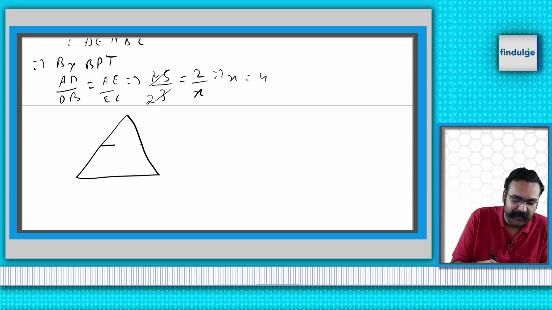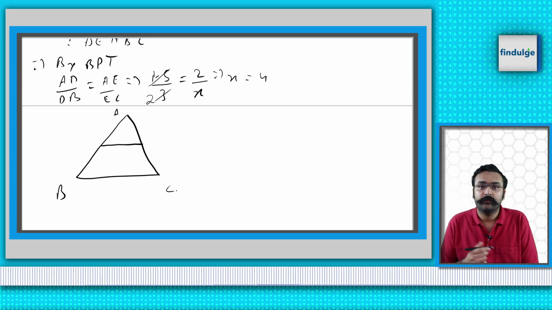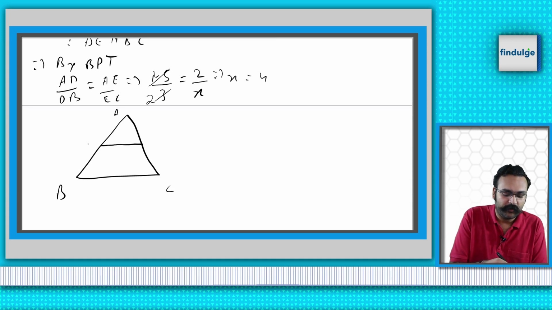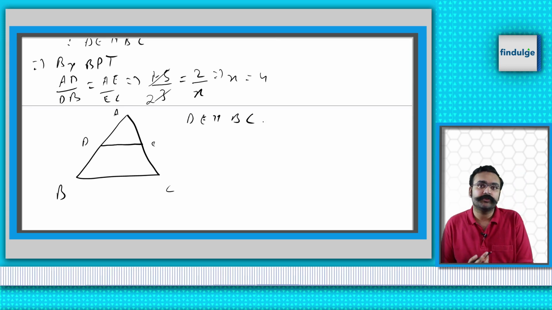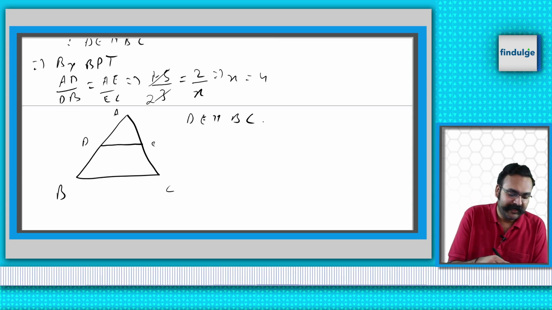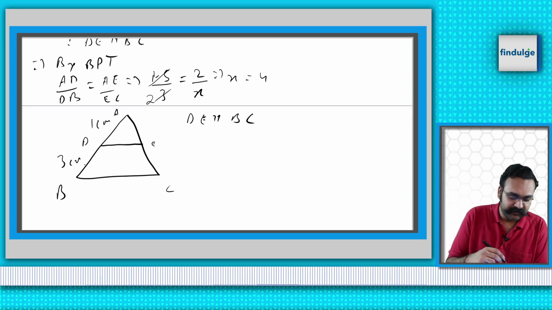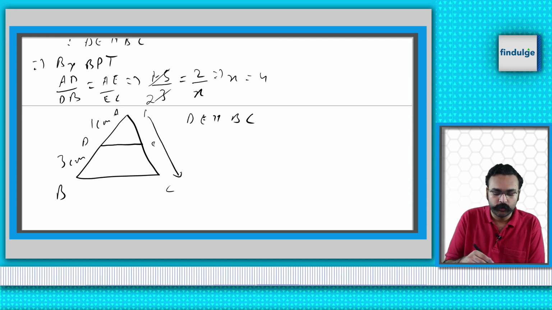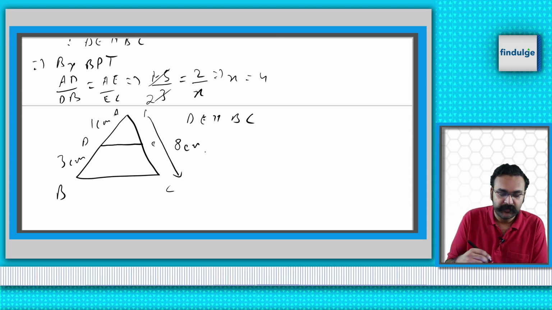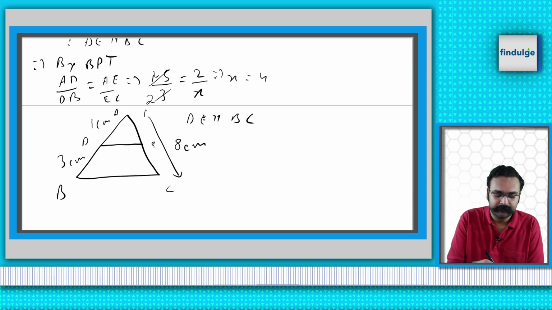So perhaps you can have a situation where we're given that, once again DE is parallel to BC, and let's say in this situation they give us that AD is 1 centimeter, BD is 3 centimeters, and that the entire length AC is equal to 8 centimeters. And we have to find AE and EC.